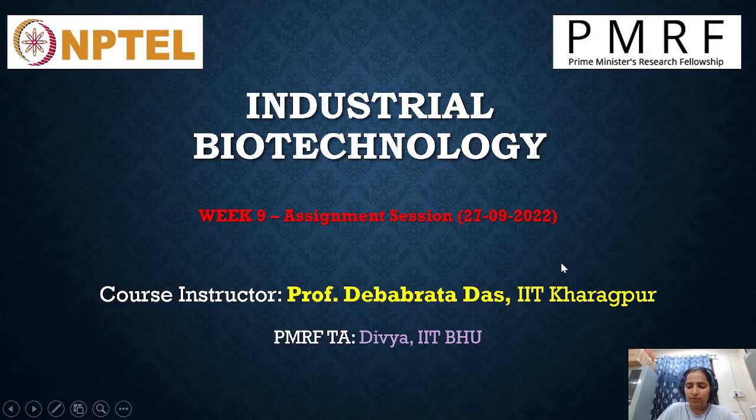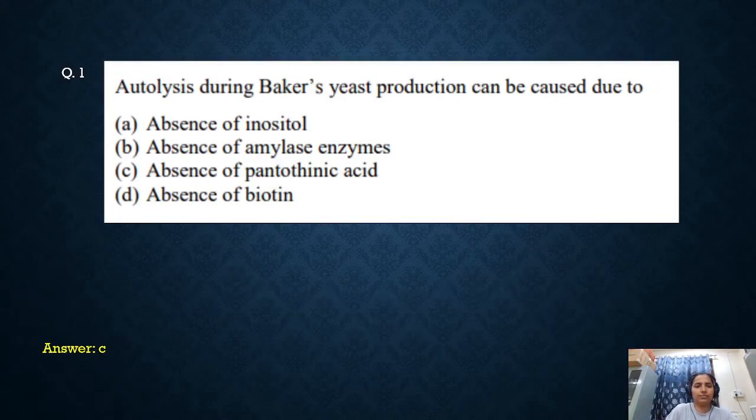So coming to our first question. Okay, let's read it first. This autolysis during baker yeast production can be caused due to.